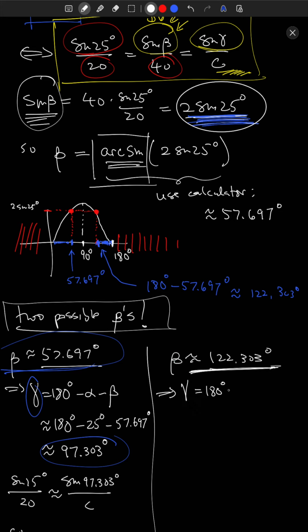Gamma is 180 minus alpha minus beta, which in this case is 180 minus 25 degrees minus the beta from this side of the board, 122.303, right? And if I actually subtract that, I'm going to get 32.697.